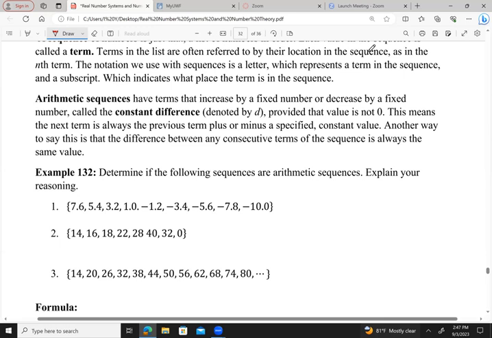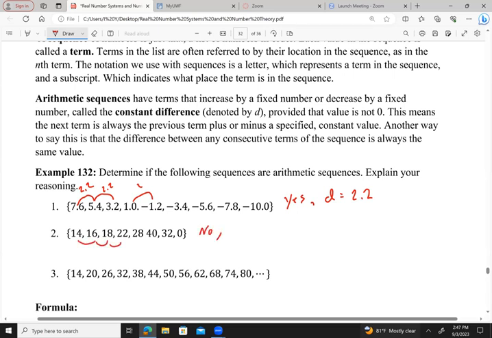Explain your reasoning. Well, let's see, what's the difference here? Difference is 2.2. How about here? Yep, 2.2. So yes, D equals 2.2. Okay, what about this one here? Well, that distance is 2, that's 2, but that's 4.